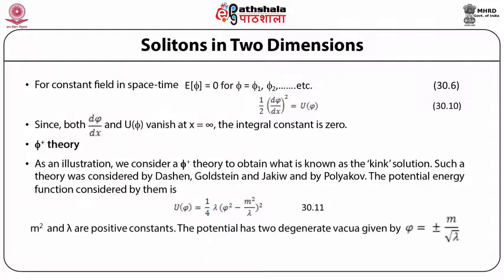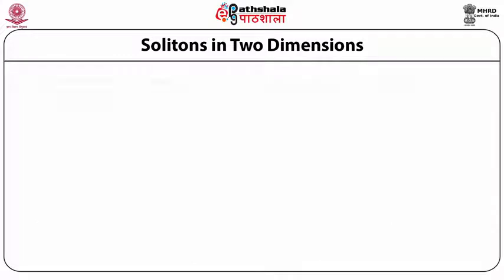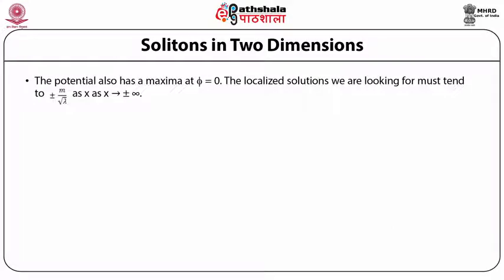Here, m square and lambda are positive constants. The potential has two degenerate minima given by phi is equal to plus minus m by square root of lambda. That is, U of phi is equal to 0 for phi is equal to plus minus m divided by square root of lambda. The potential also has a maximum at phi is equal to 0.